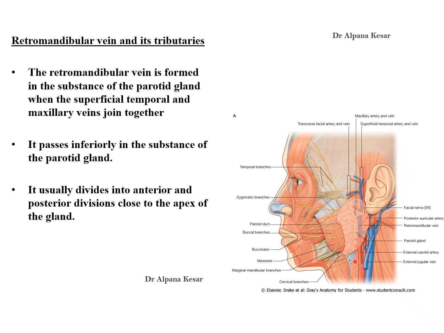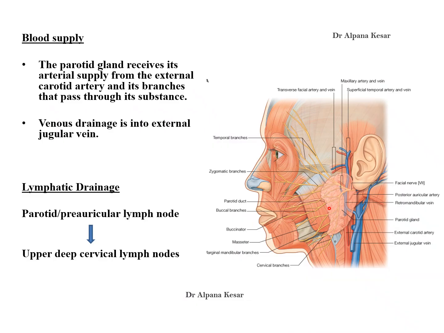Care must be taken not to damage any of the structures passing through the parotid gland, namely facial nerve, external carotid artery, and retromandibular vein during the parotid surgeries. Blood supply of parotid gland.